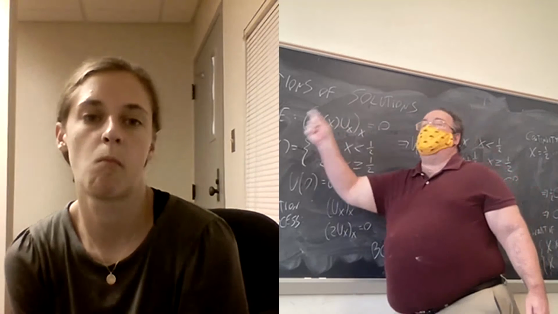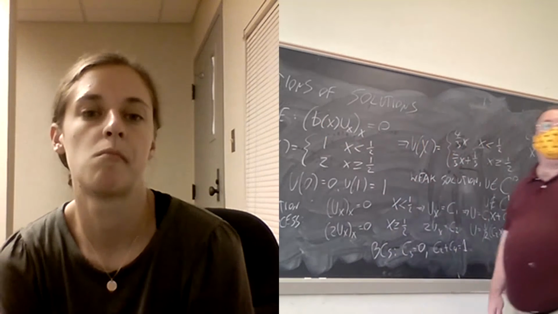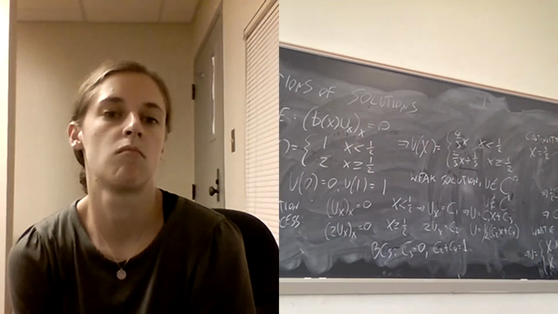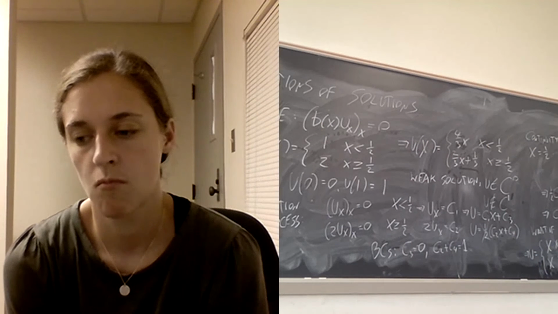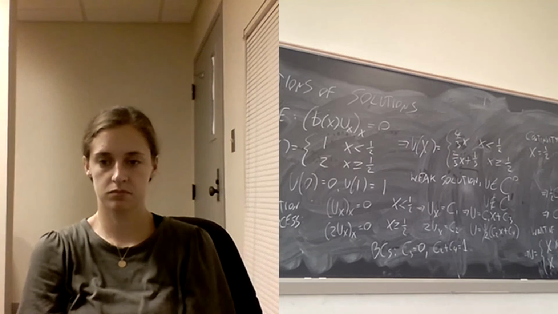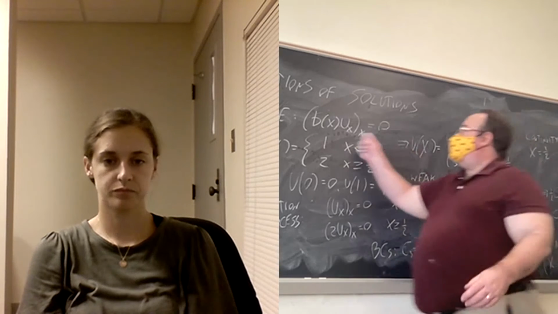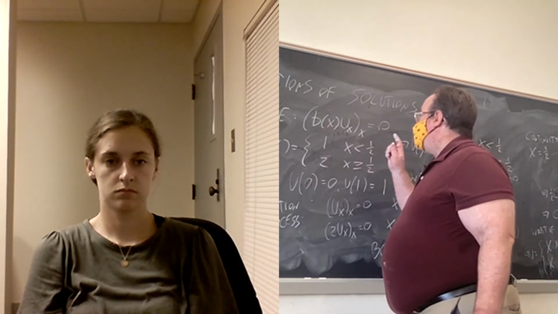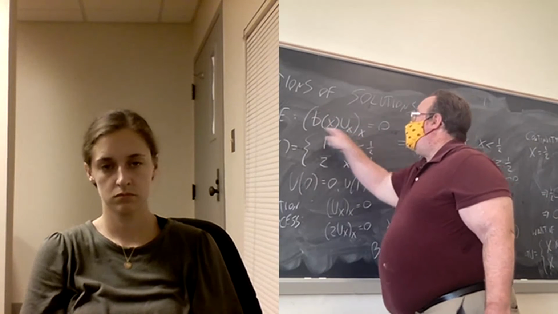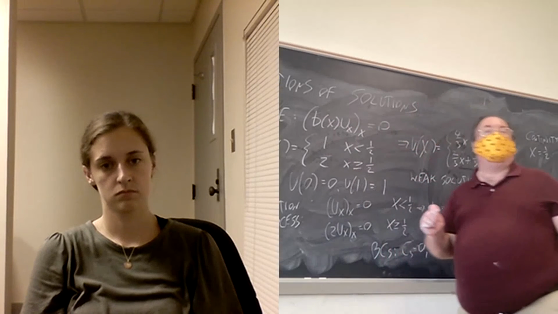And now I can take the derivative. So an additional constraint on the solution, like to try to have a classical solution, is that whatever you're differentiating here must be differentiable. So it's not just a matter of u being differentiable, b times ux must be differentiable.